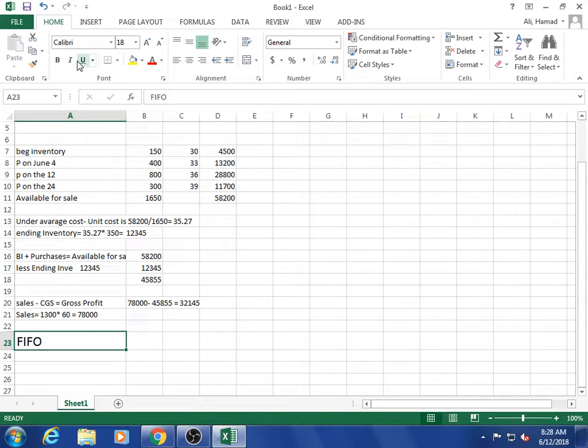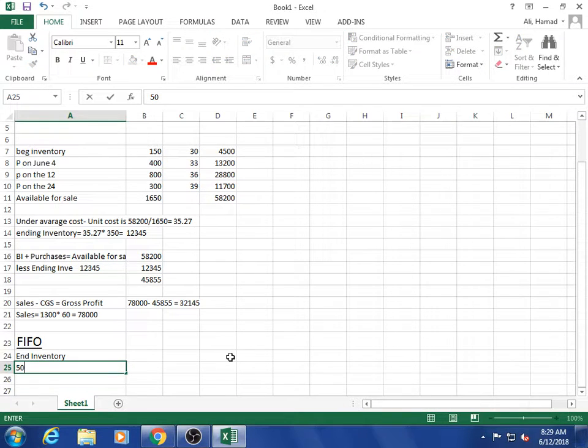And underline it. So under FIFO, ending inventory is: we have 50 units at 36, 50 times 36, and that is equal to 1,800.